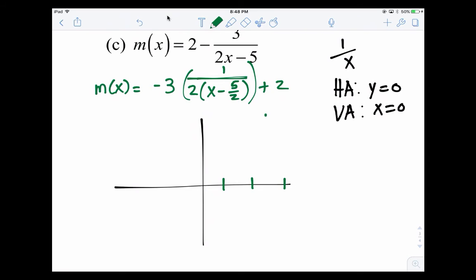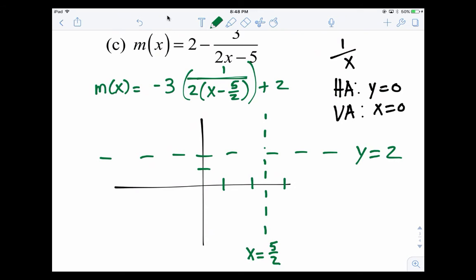So that's x equals 5/2. Now my horizontal asymptote is usually at y equals 0. Because I'm moving it up 2, that now horizontal asymptote will be at y equals 2.